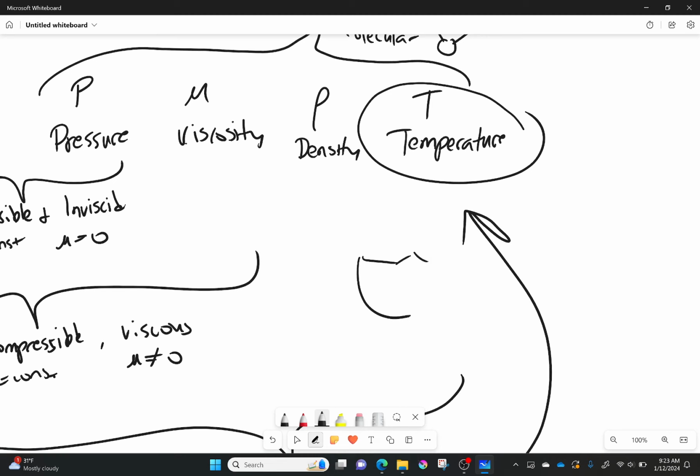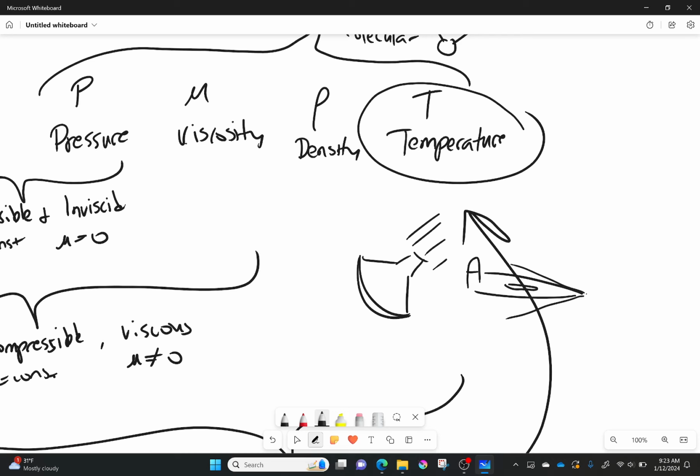It's either for re-entry vehicles where it's going very, very fast, or if we have some extremely fast rocket or spacecraft or other sort of vehicle which has like shock waves coming over it.